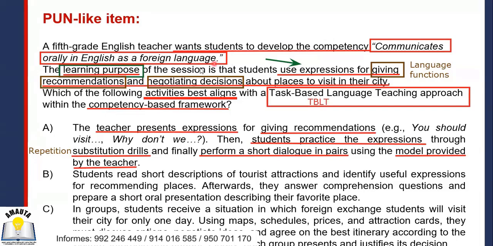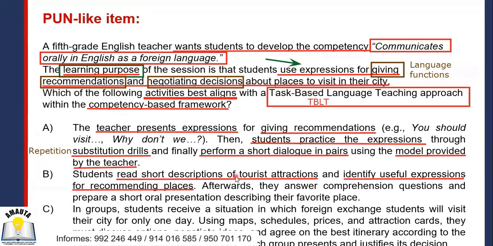Students read short descriptions of tourist attractions. Remember that the topic is places to visit in the city. So students read short descriptions of tourist attractions, and then they identify in these descriptions useful expressions for recommending places.